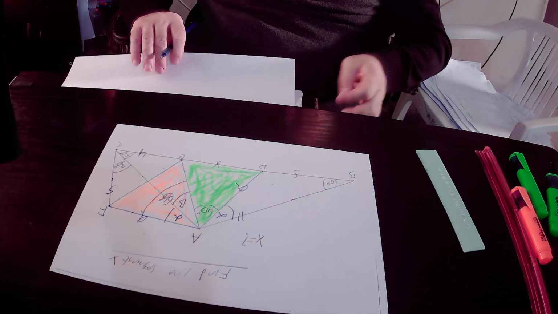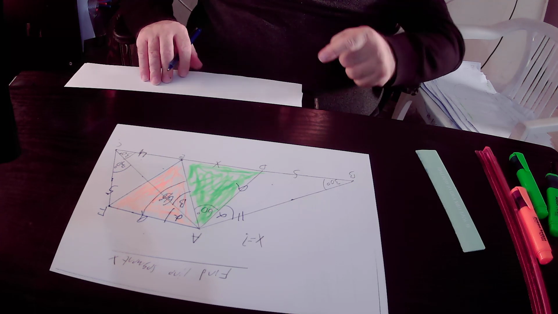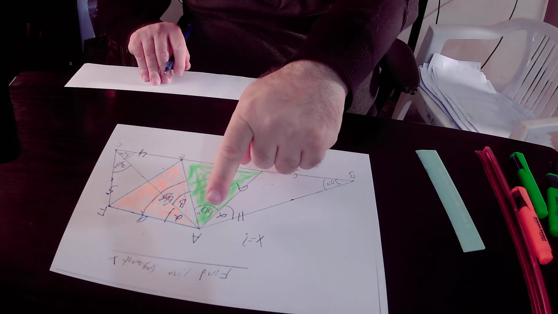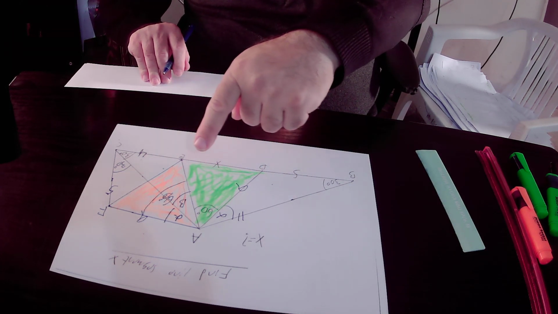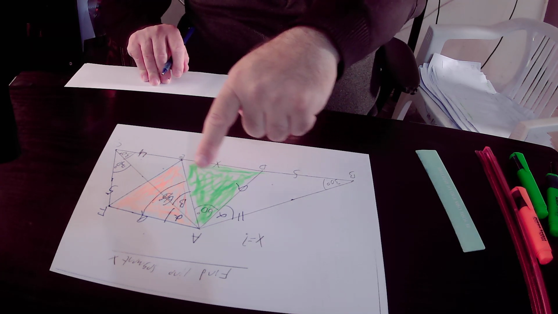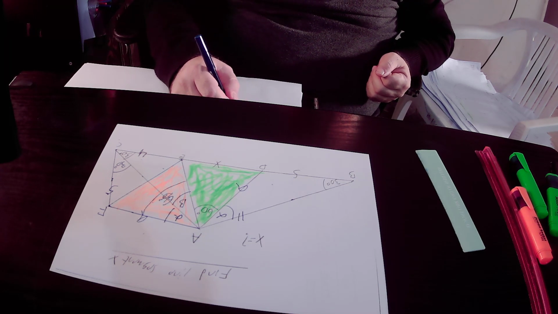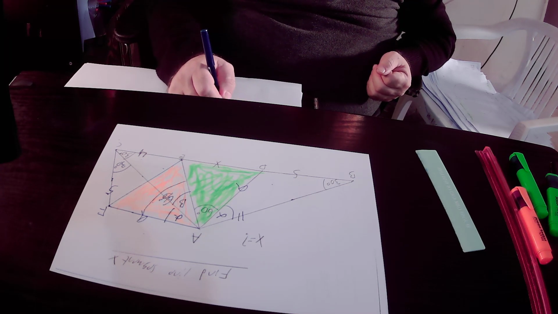And finally, we have side AE, that is a common side. It belongs both to the green triangle and also to the orange triangle. So side AE equals itself.